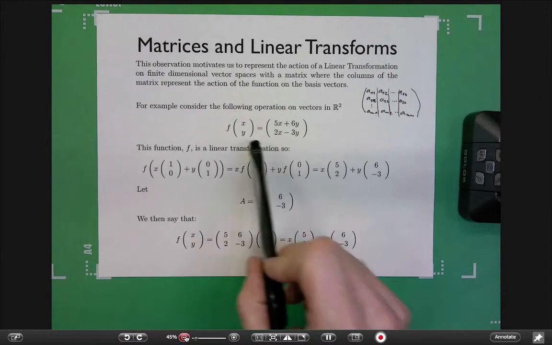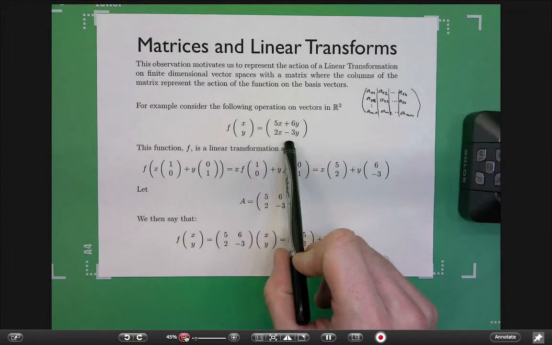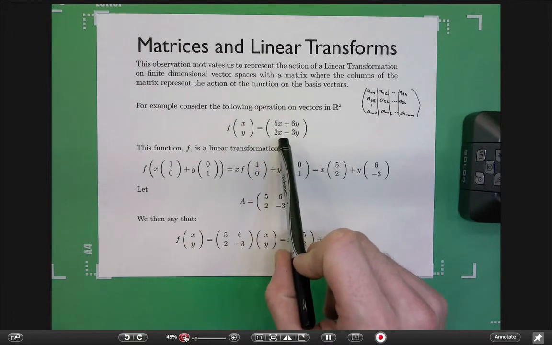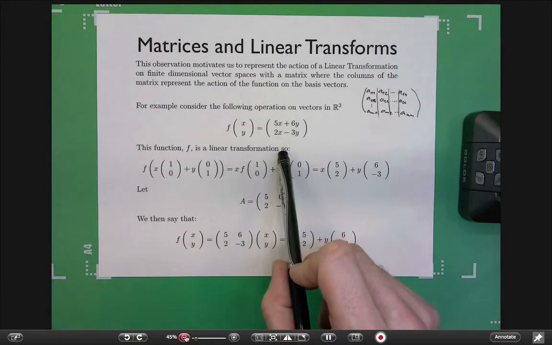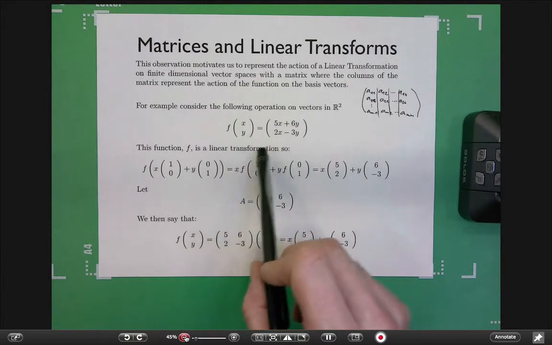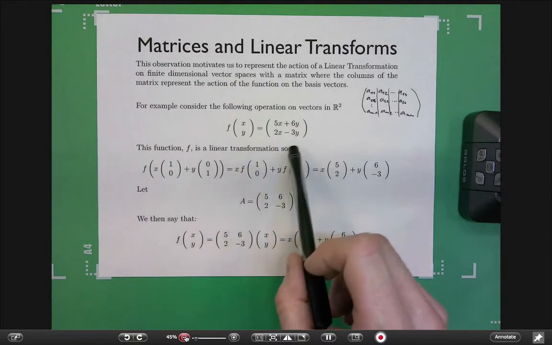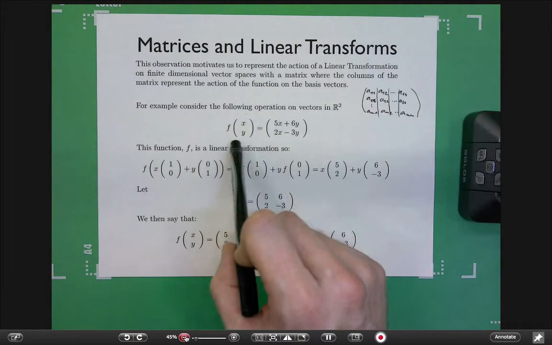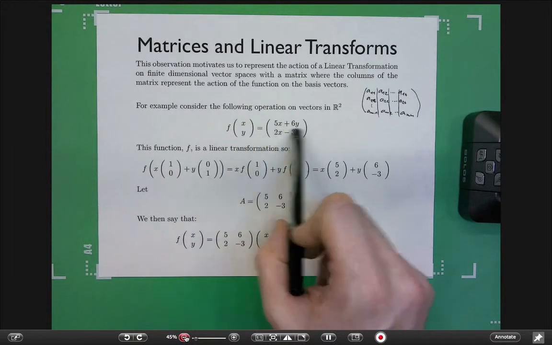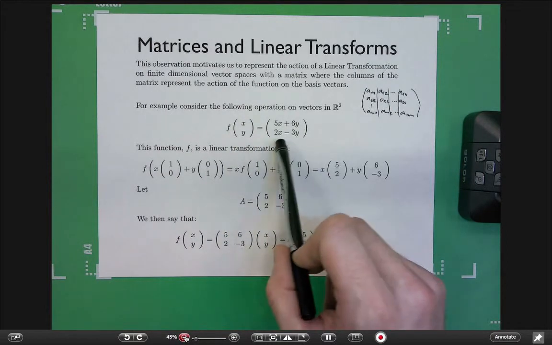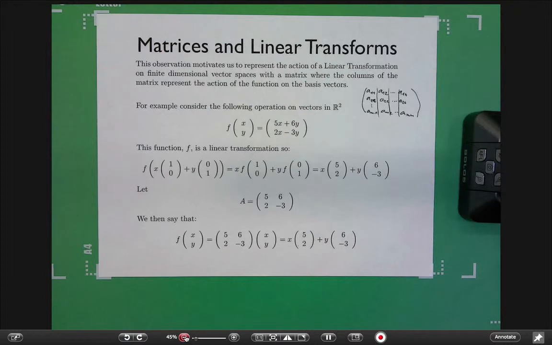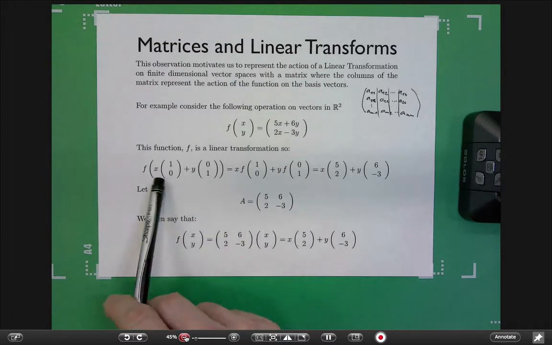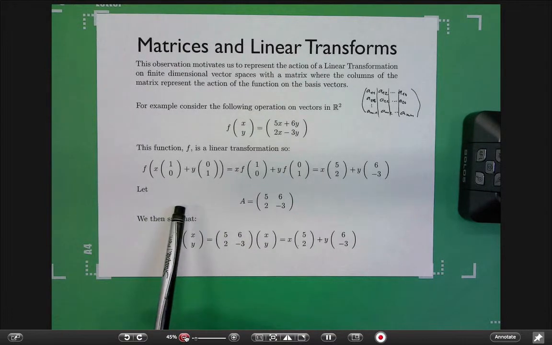So let's try to go through an example. Maybe it will be clearer from an example. Let's say I have a mapping from R^2 to R^2, which maps vector x and y to this. The first component is 5x plus 6y, and the second is 2x minus 3y, right? So let's go through all I said before in general on this specific example. First of all, I have the standard basis here, right?